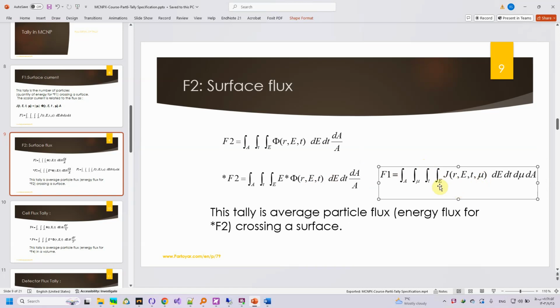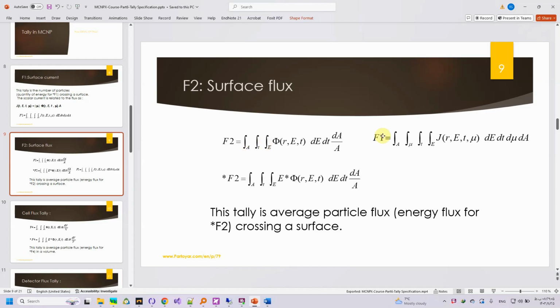So F1 is the integral of the current J over the position, over the energy, over the time, and over the direction. But F2 is just the integral of flux over the position, over the energy, and over the time. So the F2 tally can be joined with energy and time, but F1 can be joined with energy, time, and the cosine card.